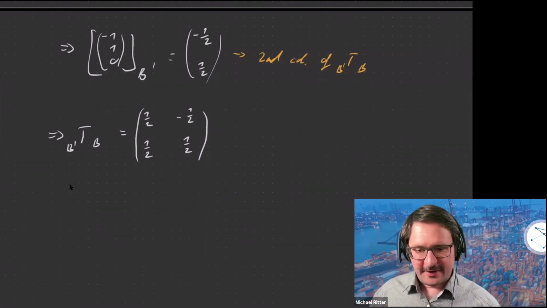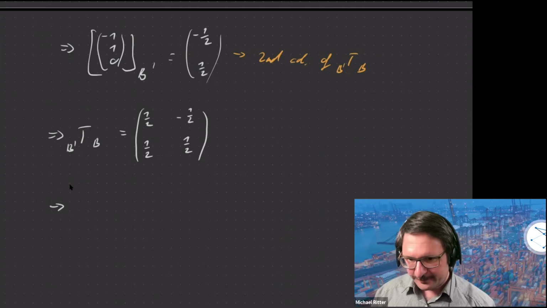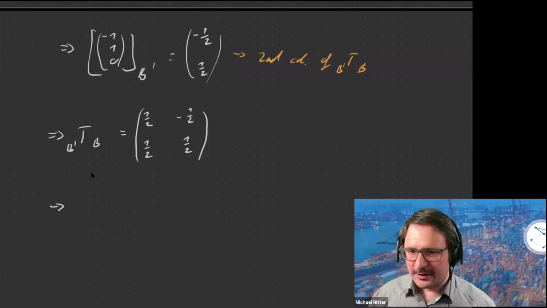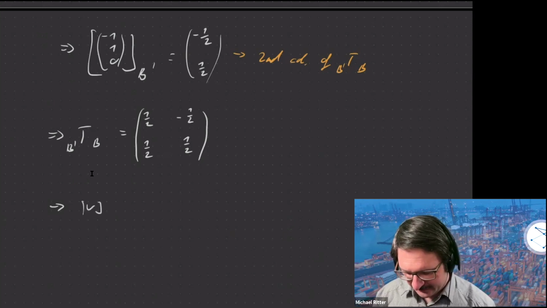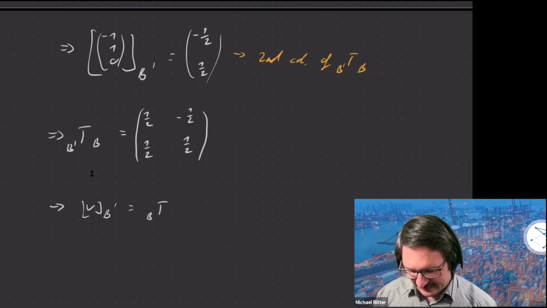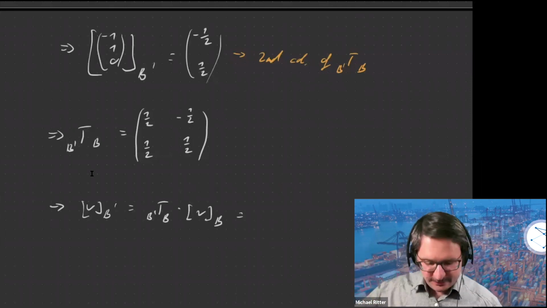Now let's verify that our computation actually works. Last step of the problem. If we want to compute, sorry, just a second. Yeah, we have this VB, we want VB prime. So this is then the same thing as the transformation matrix times the B coordinates of V. Those B coordinates are given as 1, 2.